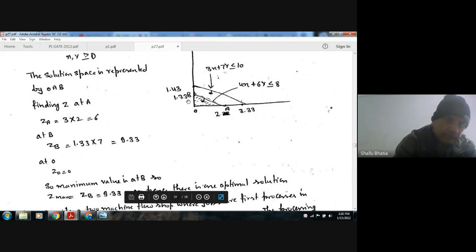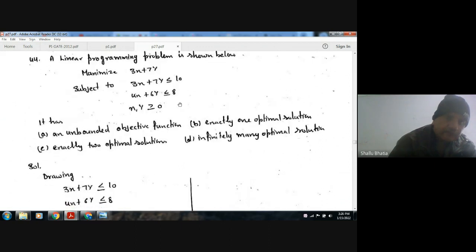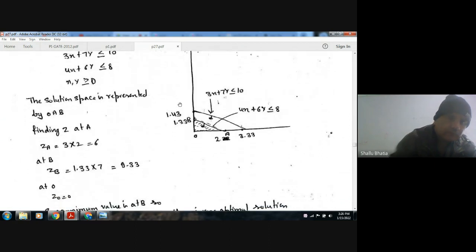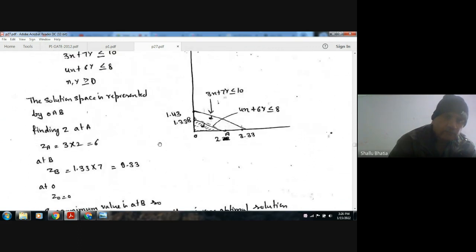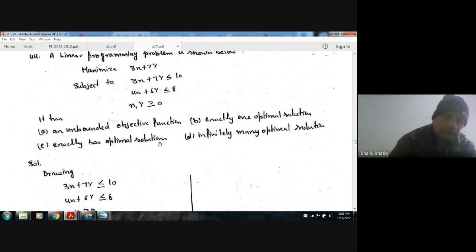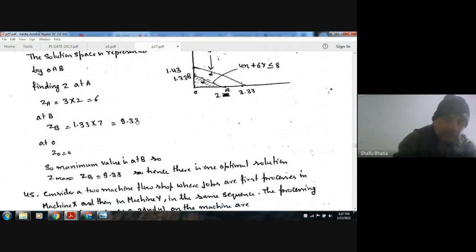At B, y is 1.33 and Z is 7 times 1.33, which is 9.33. At A, it will be 3 into 2, that is 6. Z is 6. At O, it is 0. So out of these, the maximum value is 9.33.